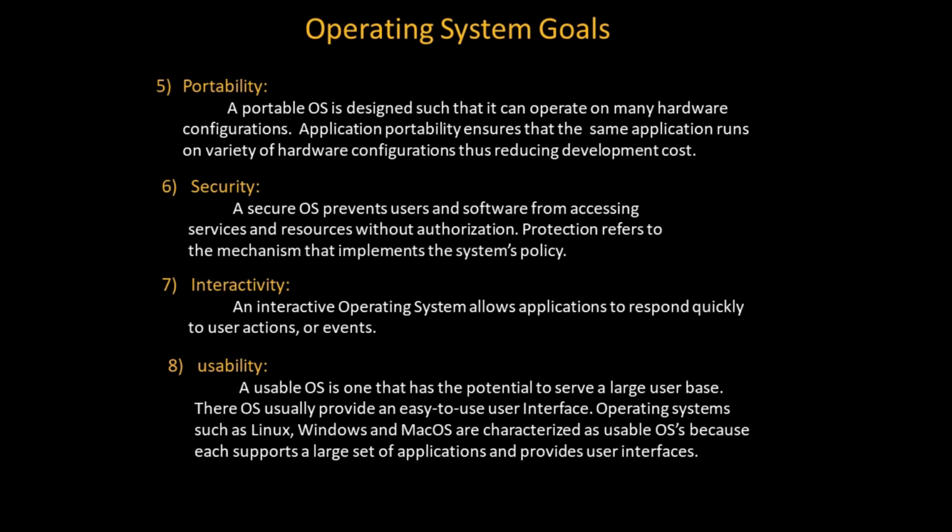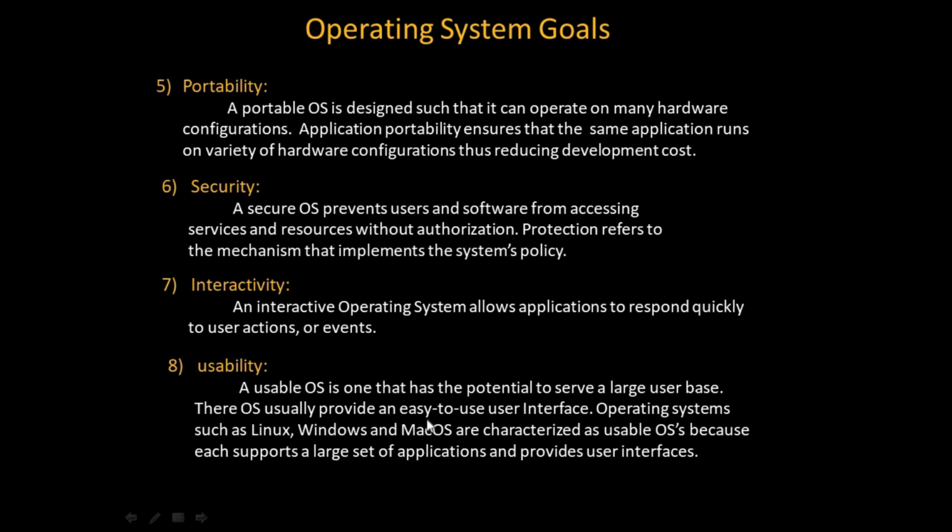Number 8 is usability. A usable operating system is one that has the potential to serve a large user base. The operating system usually provides an easy to use user interface.